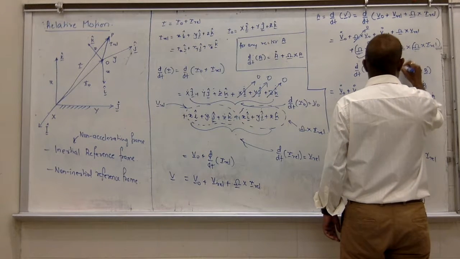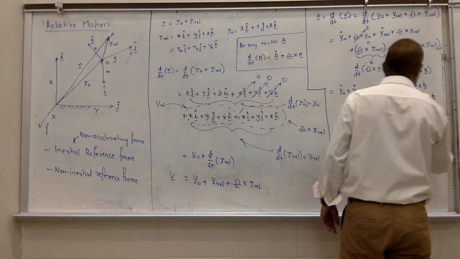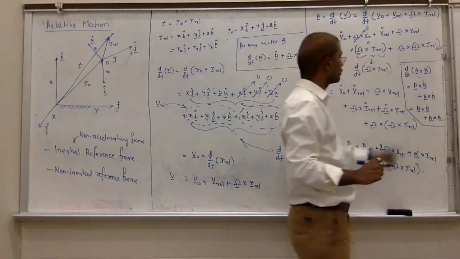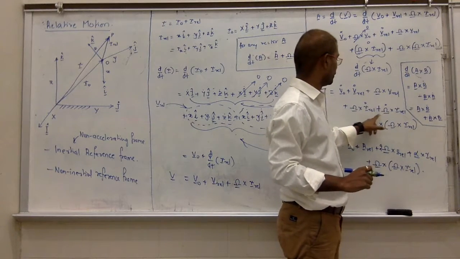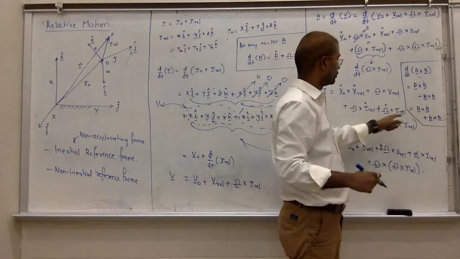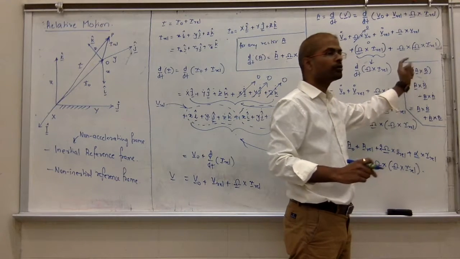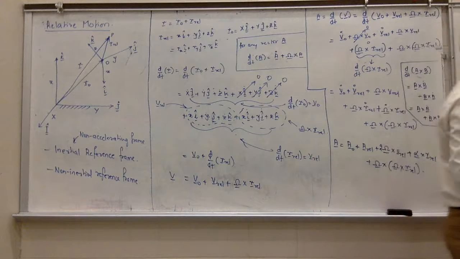Wait, that B should have a dot though, right? Are you doing addition? So this is what I have done. It was the other way around. You have to follow this rule: derivative of A cross B. You remember the product rule? Derivative of A into B is what? A derivative of B plus B derivative of A. That's what you do for the product rule.